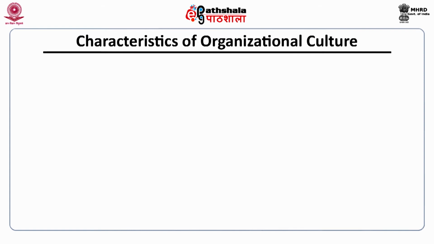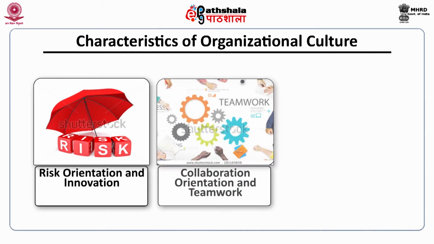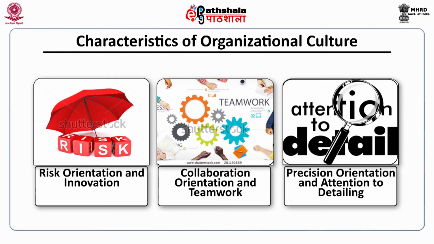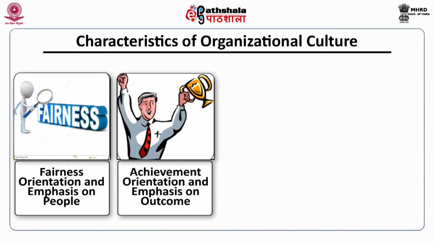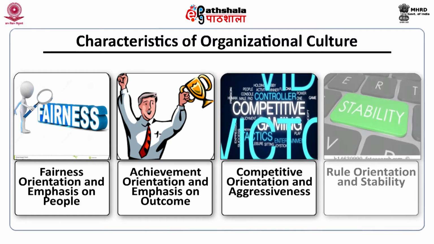Over time they adjust their behavior to match these perceived set of values and behave accordingly. Characteristics of organization culture include risk orientation and innovation, collaboration orientation and teamwork, precision orientation and attention to detailing. Others are fairness orientation and emphasis on the people, achievement orientation and emphasis on outcome, competition orientation and aggressiveness, rule orientation and stability.